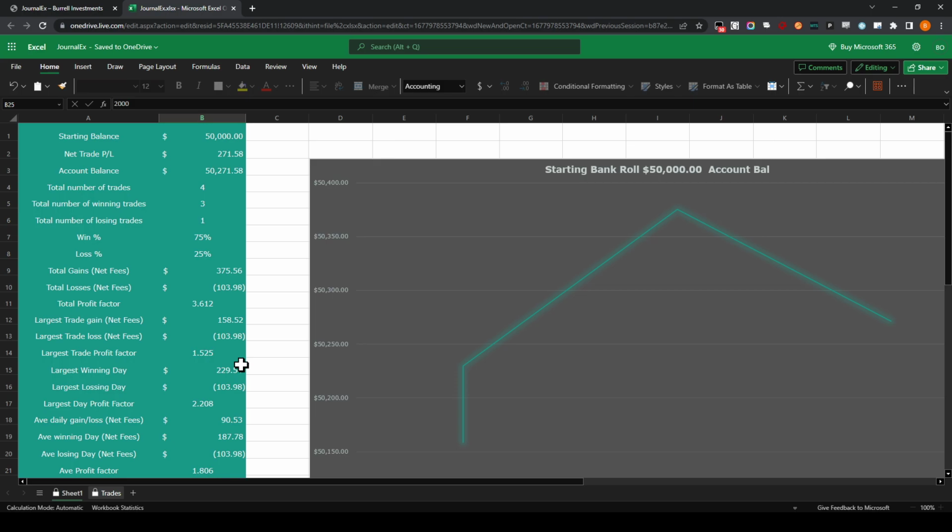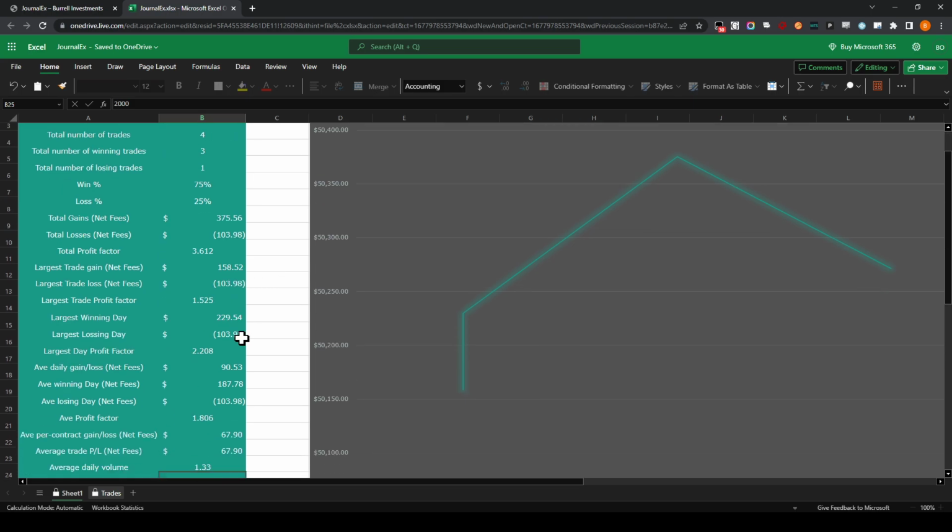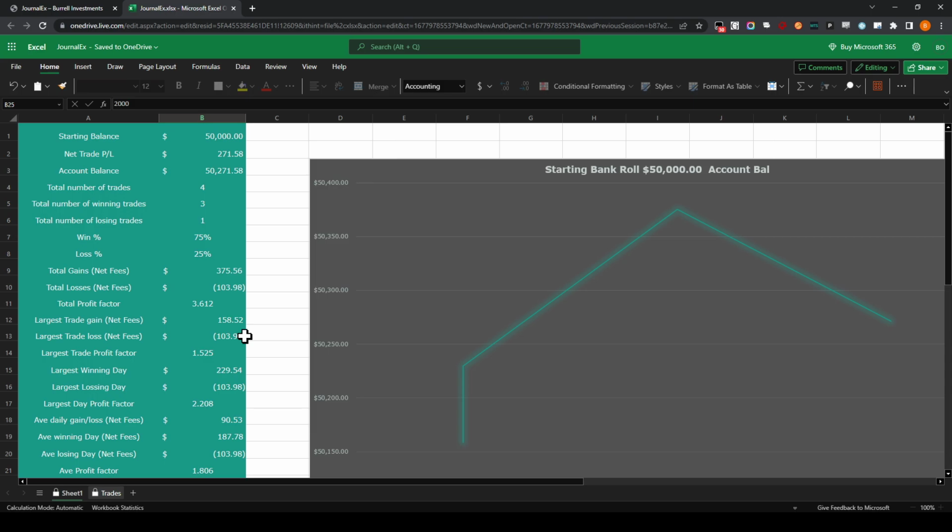So this is a full-featured journaling piece of software here. And the cool thing about it is, John, it's a one-time only fee. It's not like these other journaling places that are charging you every month. This is yours for a one-time fee, correct?